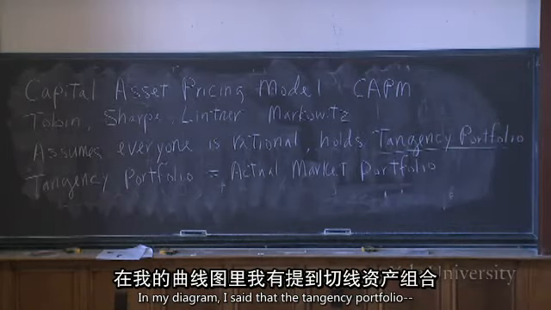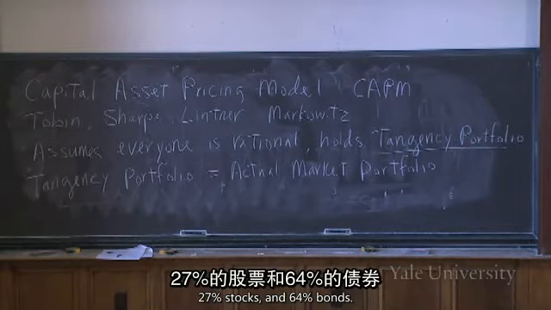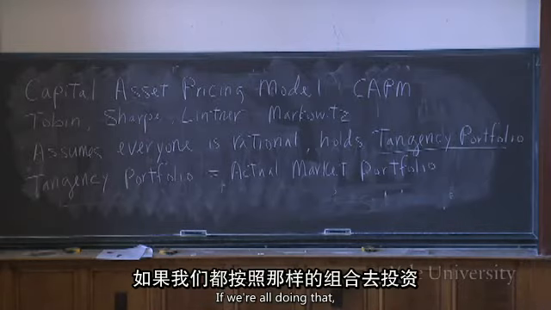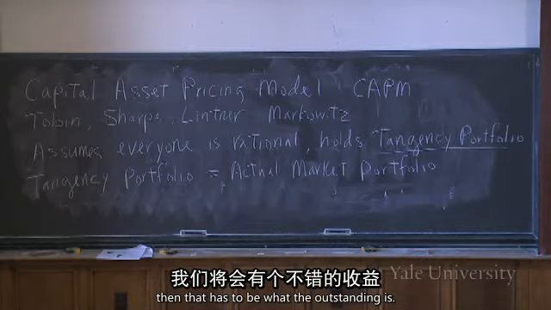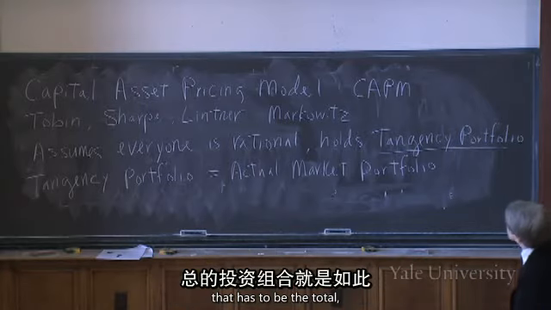In my diagram, I said that the tangency portfolio, or I estimated that the tangency portfolio, is 9% oil, 27% stocks, and 64% bonds. So if we're all doing that, then that has to be what the outstanding is. If we're all holding the same portfolio, that has to be the total.